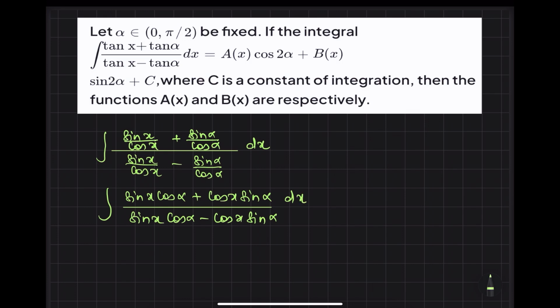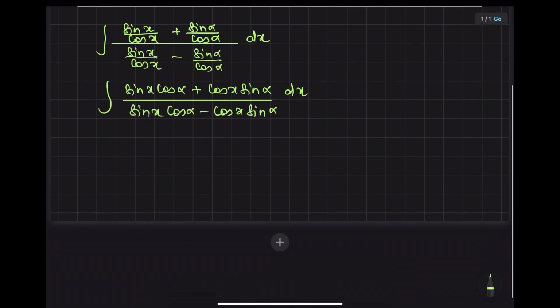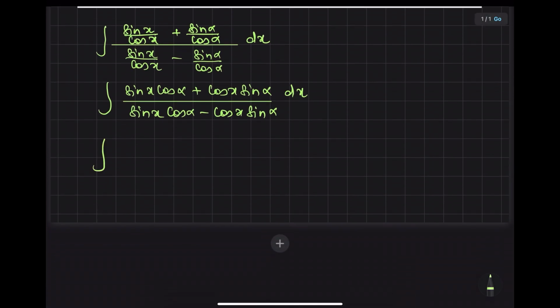I hope it reminds you of some formula: sin (a plus b) and sin (a minus b). Correct? So here we will write the numerator as sin (x plus alpha) and the denominator as sin (x minus alpha) dx.